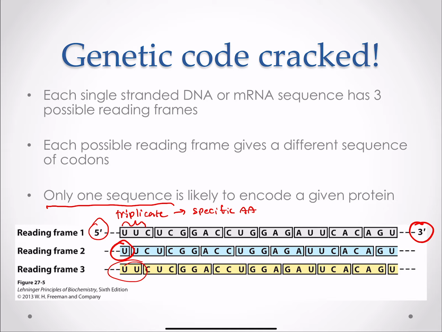And then the reading frame is going to be the translation of these codons, and your first codon is going to be what starts the reading frame. And so it's important, again, to make sure that the reading frame is, in fact, the frame that will give you the functional protein.